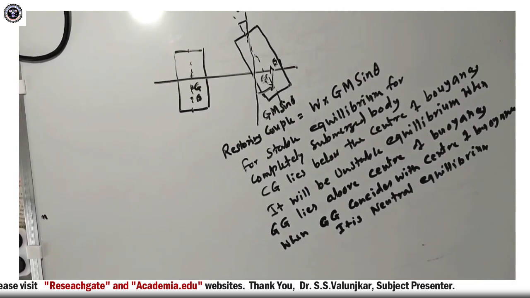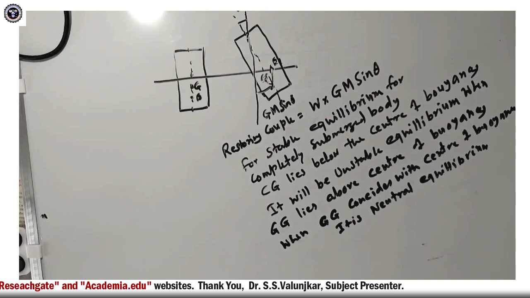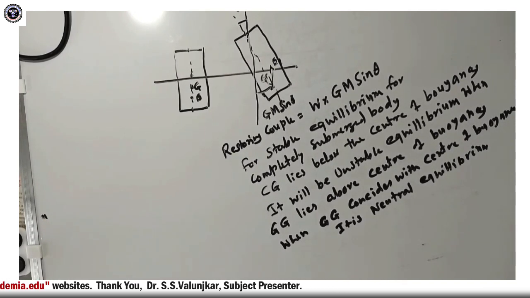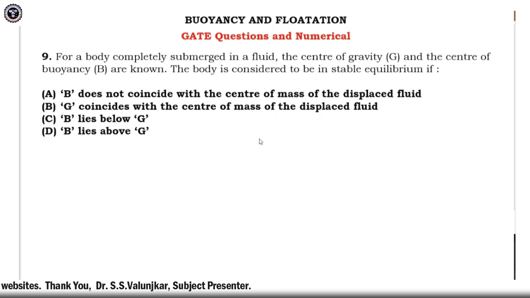So in this case, B lies above G. So option D is the correct option.